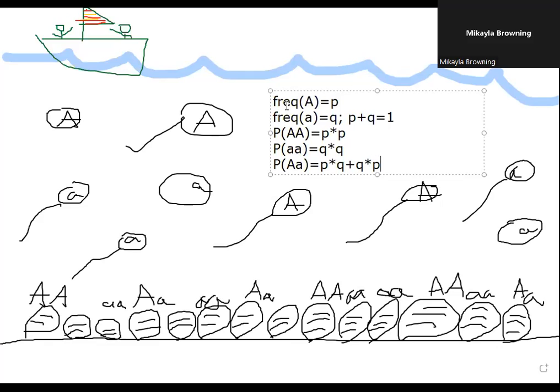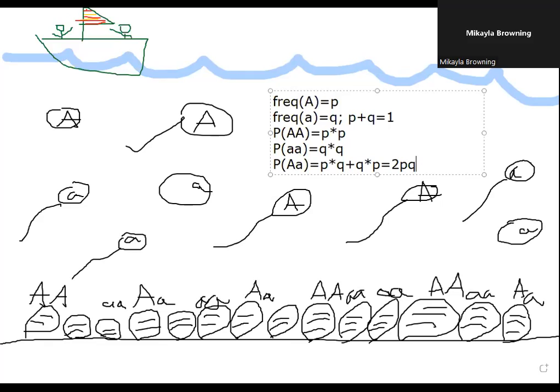Either the egg is big A and the sperm is little a, or the sperm is big A and the egg is little a. And in this system, we can't tell which is which. So the probability that any pair of gametes is going to give rise to a heterozygote is equal to P times Q plus Q times P, or in other words, 2PQ.